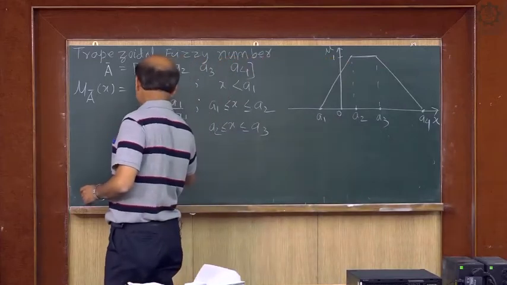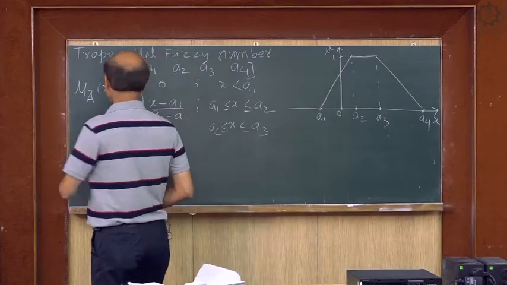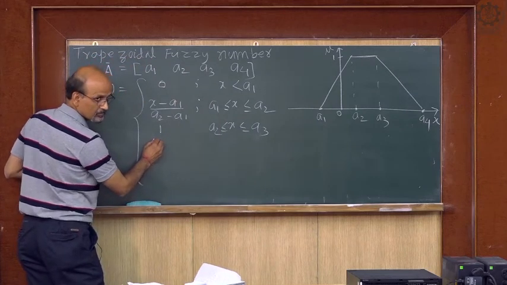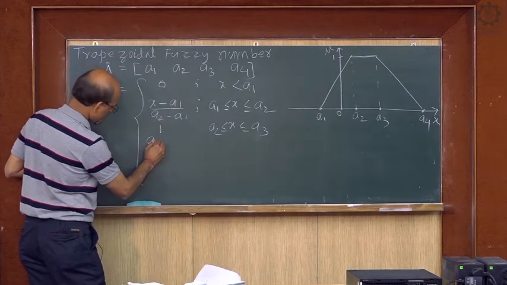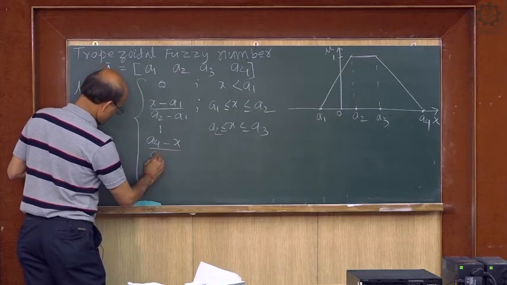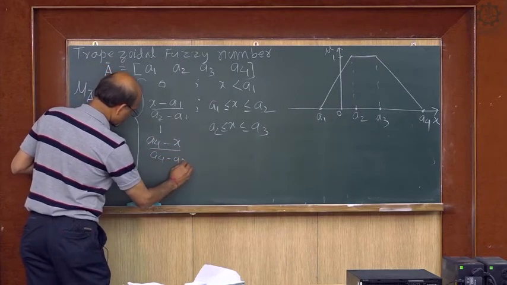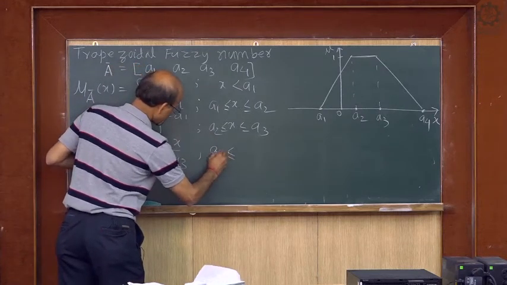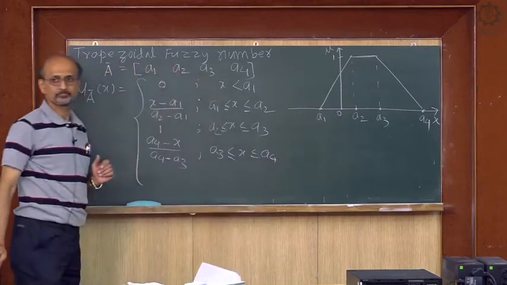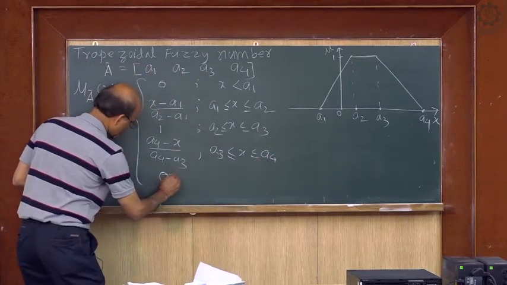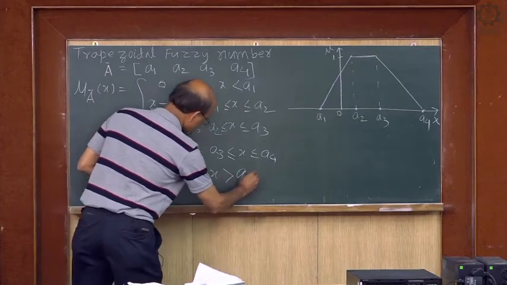From A3 to A4 that is A4 minus x by A4 minus A3, and 0 when x greater than A4.